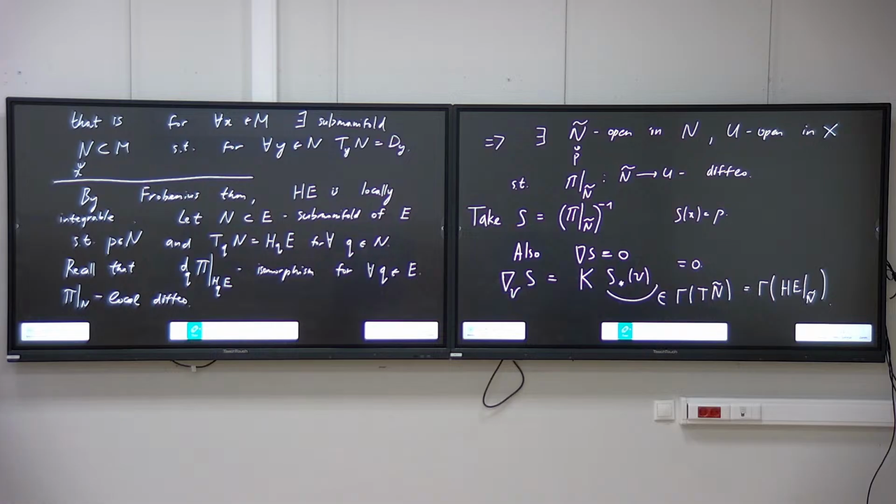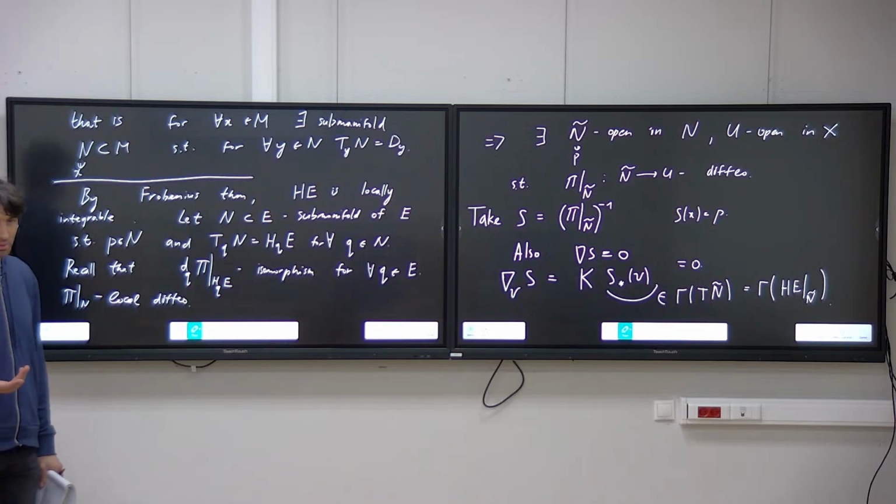All right. So this is it. This is a very important theorem, which has a lot of good corollaries. You can rephrase in a lot of ways what it means that you have a flat connection.